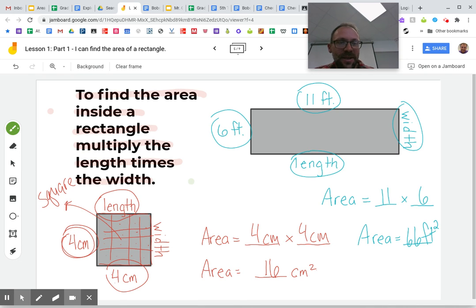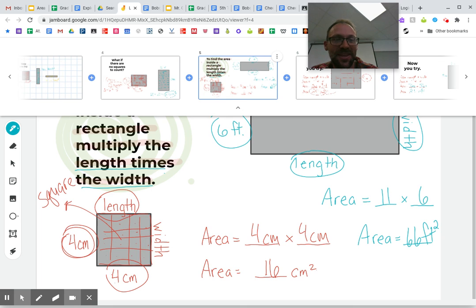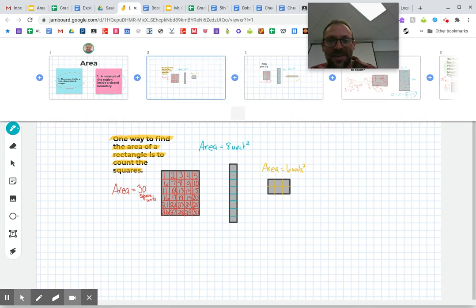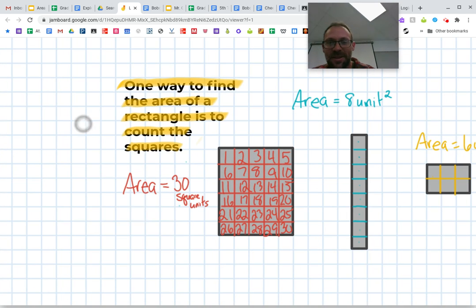To find the area inside a rectangle, multiply the length times the width. All right. And if there are no measurements, then what you can do is, as we learned before, you can count the squares, just like we started this video doing.